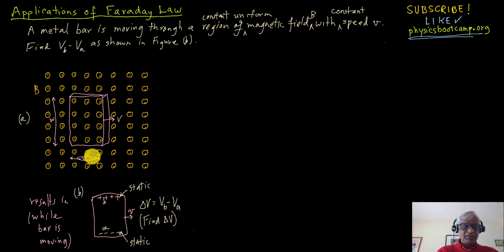This dimension turns out to be not very important as long as it's large enough. And this dimension I'm going to call W. Some places it's called L. I'm not talking about when it was at rest and started to move. No, we are looking at it after it came all the way here.